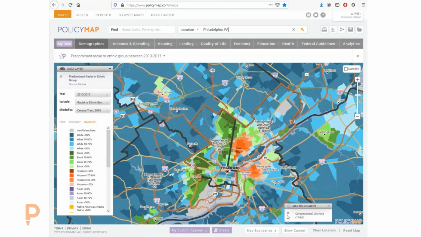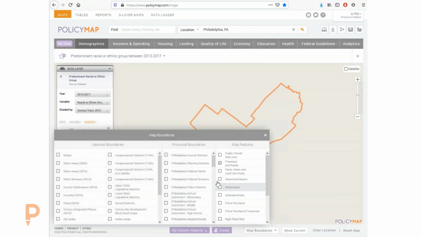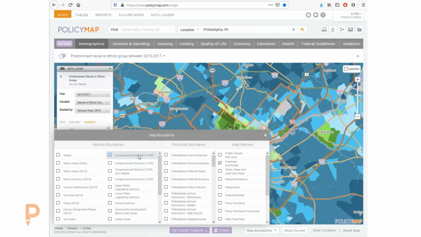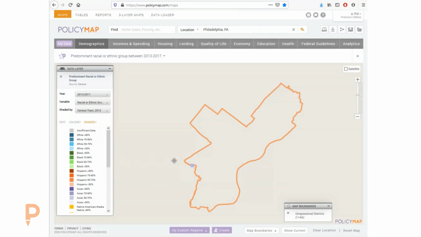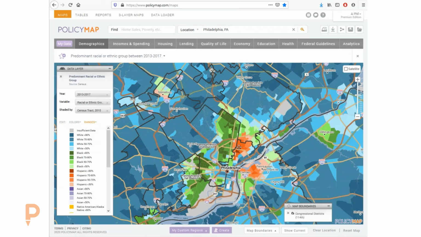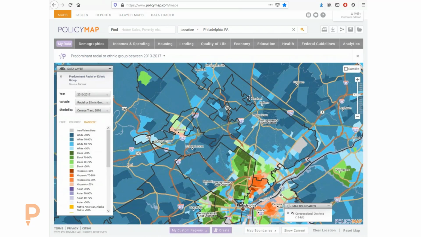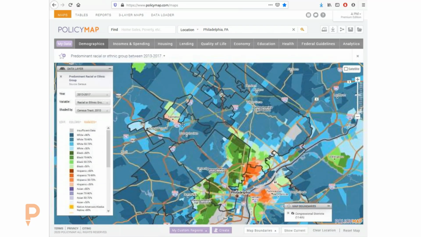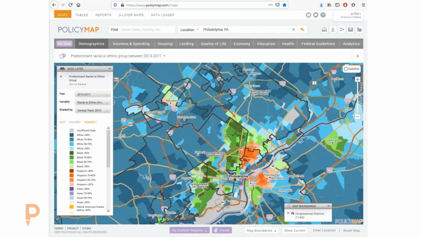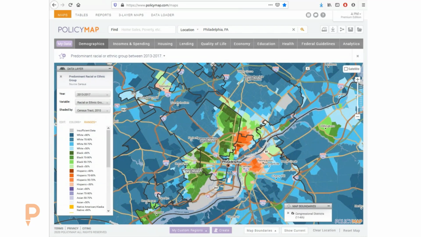But if we were to look at the boundaries that were originally used, you can see how it actually wrapped itself in. This particular congressional boundary purposely cut into areas that are predominantly white, and then cut out areas that are slightly Black or Hispanic. And same thing down here.